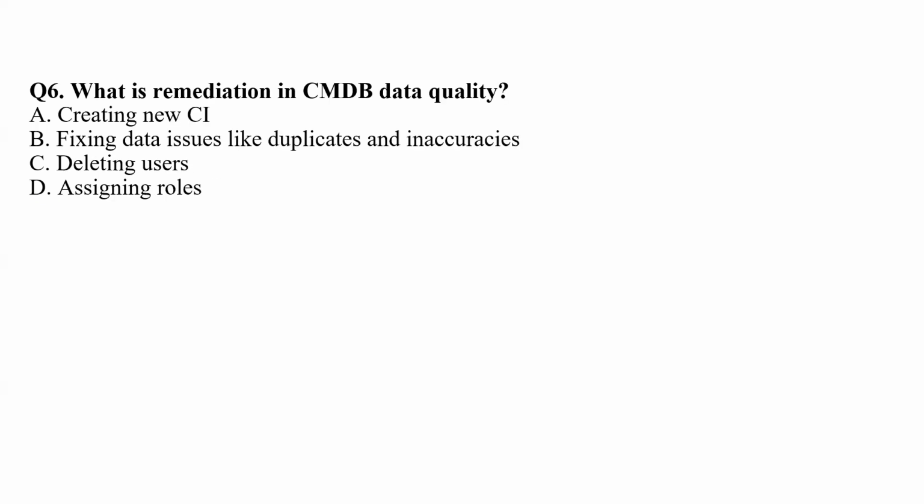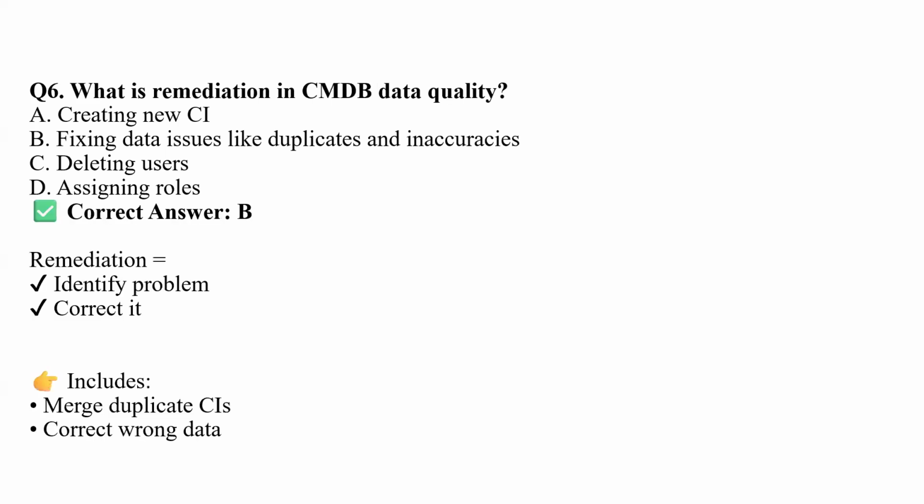Next one, what is remediation in CMDB data quality? Option A, creating new CI. Option B, fixing data issues like duplicates and inaccuracies. Option C, deleting users. Option D, assigning roles. The correct answer is option B, fixing data issues like duplicates and inaccuracies. Remediation means a remedy. First identify the problem, then correct the problem.